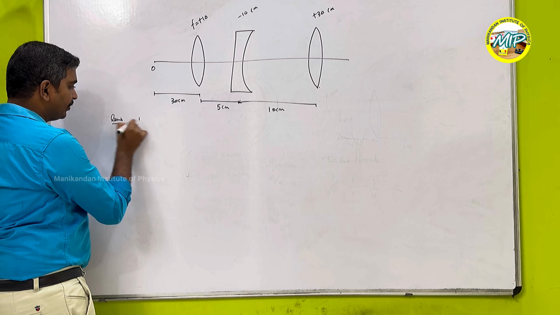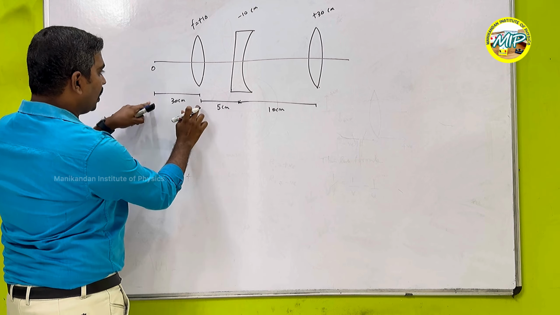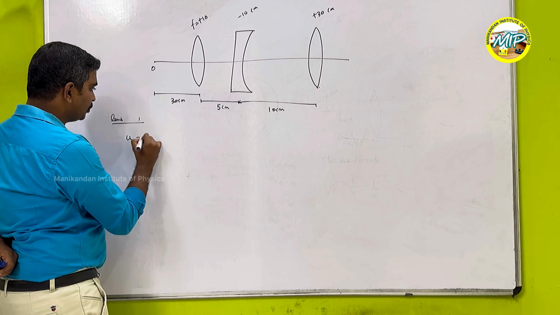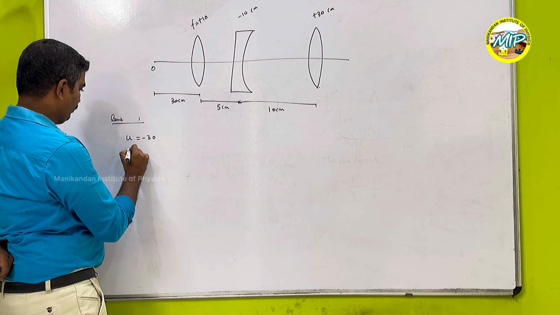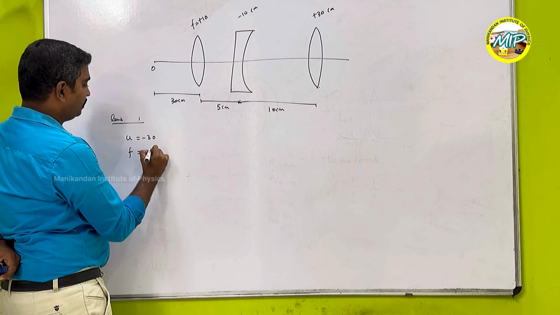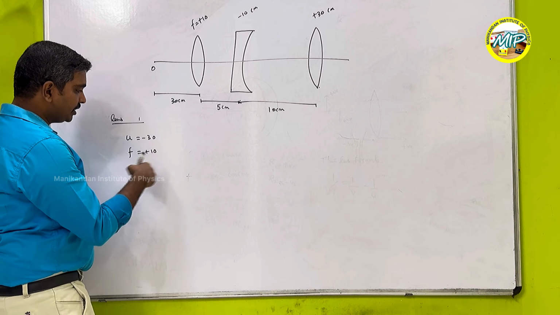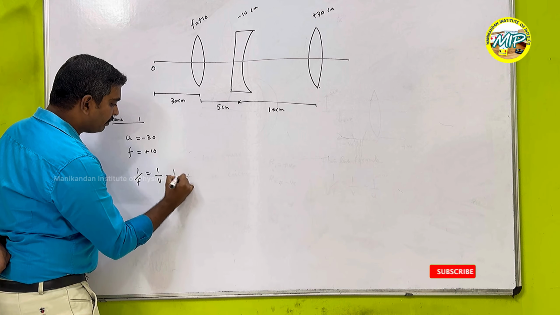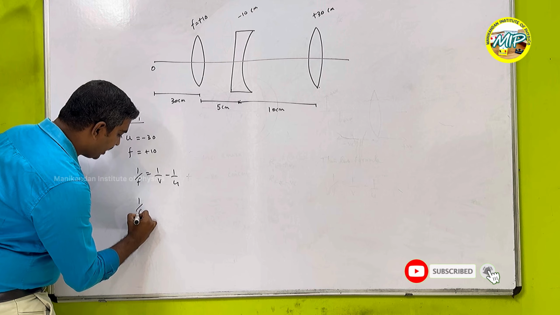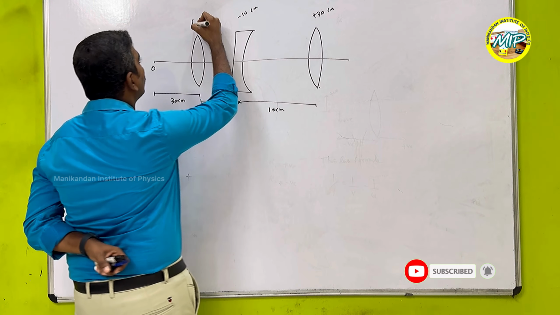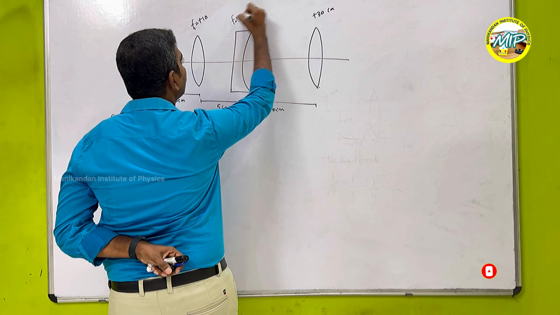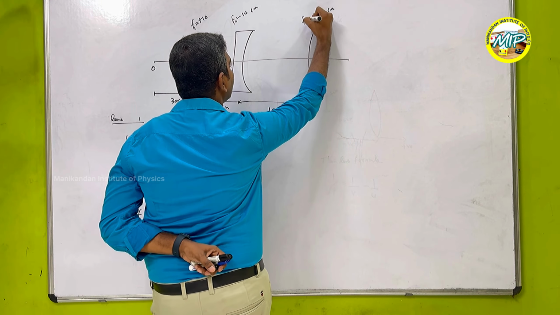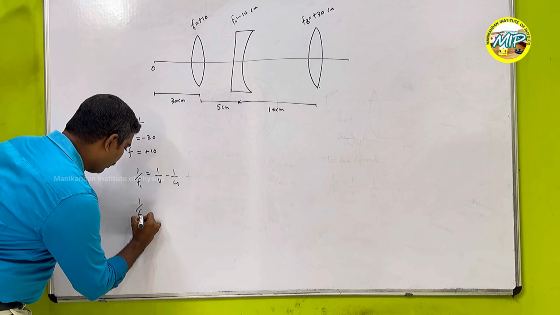For lens 1, my object distance is given, u equals minus 30, f equals plus 10, and then using this I am going to find 1 by f equals 1 by v minus 1 by u. Here I simply put f1, this is going to be f1, this is f2, this is f3.